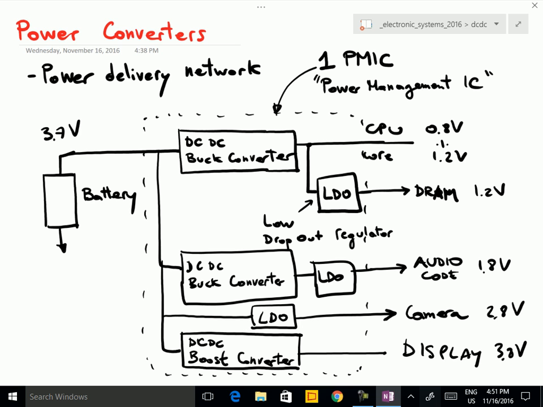Let me just also add that in addition to these converters, you very frequently have additional converters which are embedded in the chips. For example, I mentioned before the non-volatile memories. The non-volatile memories need different voltages in order to perform the program and the erase operations, the 5, 10 and 20 volts that I just mentioned before, and those voltages are typically provided by regulators which are embedded internally in the memory chips.